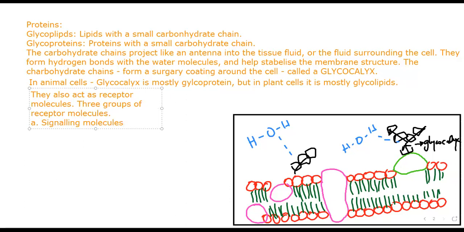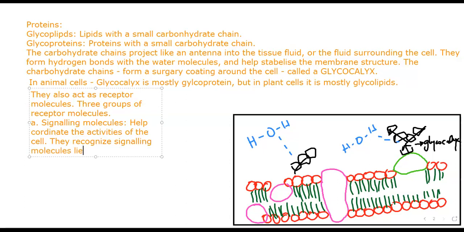Signaling molecules are molecules that help coordinate the activities of the cell. These receptors are going to recognize signaling molecules specifically like hormones.